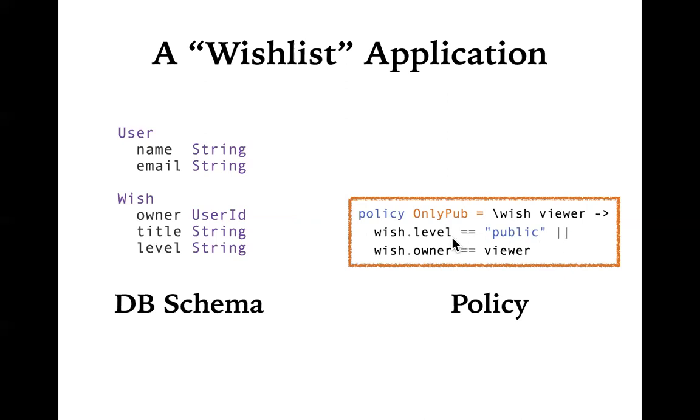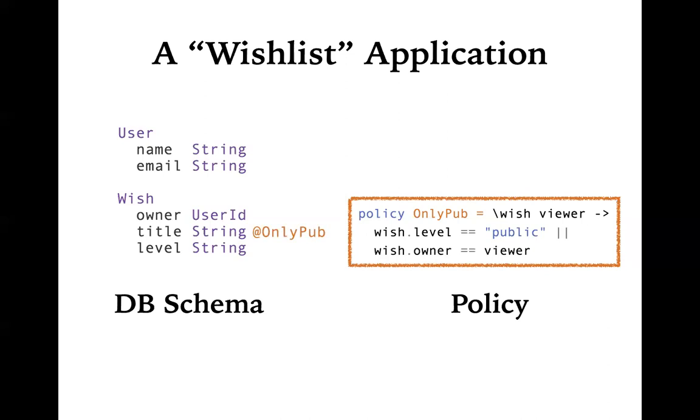A viewer can view this wish if wish.level, the level field of the wish, is marked public, or the owner of this wish, wish.owner, is equal to viewer. This is saying, in precise terms, that only the owner should be able to view private things. So either the wish is marked public or only the viewer can view it.